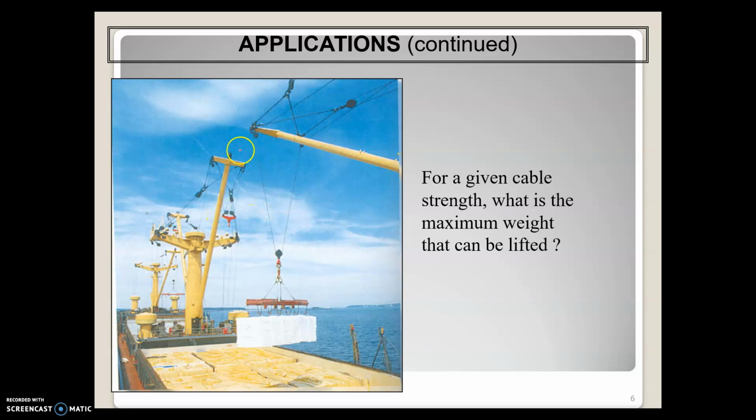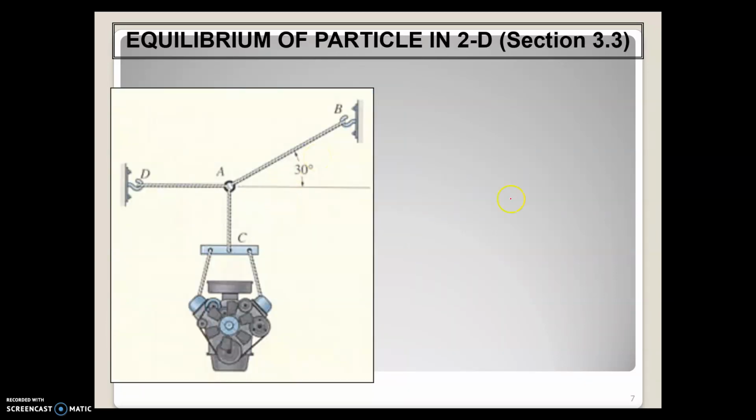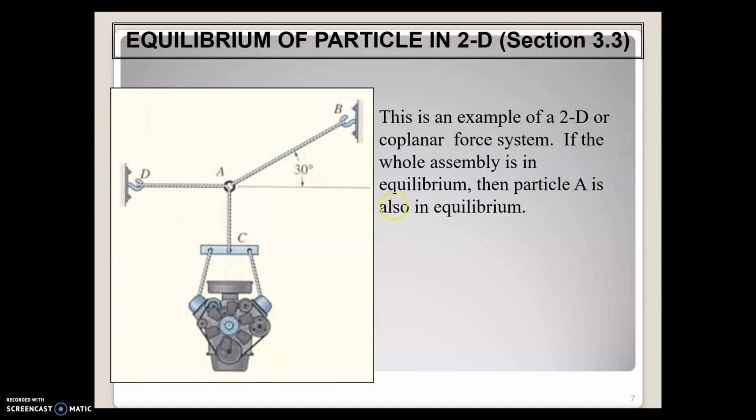Also, for a given cable strength, what is the maximum weight that can be lifted by this cable? So, equilibrium of a particle in 2D. This is an example of a 2D or coplanar force system.